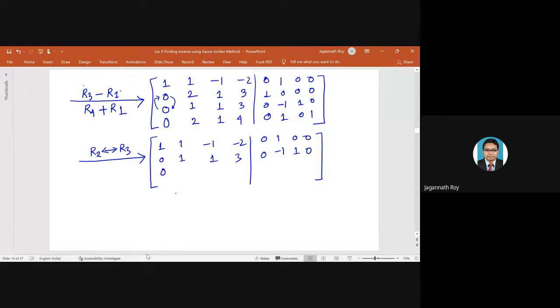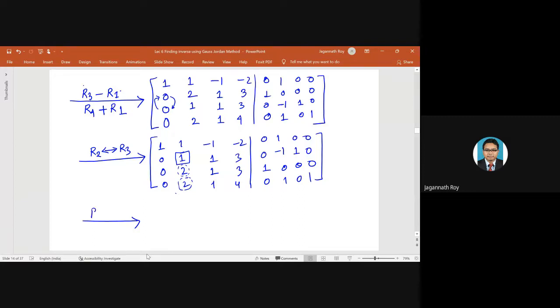So this becomes 0, 2, then 1, this is 3, and 1, 0, 0, 0. And then 0, 2, 1, 4, 0, 1, 0, 1. The next task is to get these two as 0. This one and this one, we have to make 0. So this is our pivot element now. 1 is our pivot.